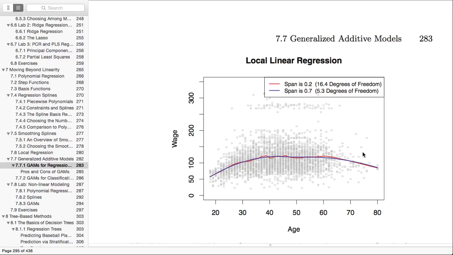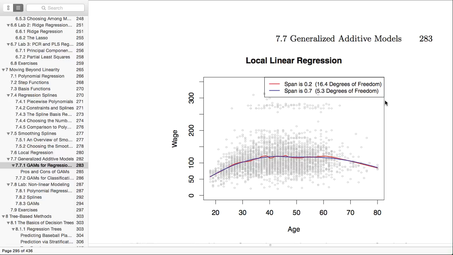It's a much more wiggly, jumpy curve. And the one with the larger span, you can guess immediately, is more interpretable because it has a much smaller degrees of freedom. And we talked previously about how effective degrees of freedom don't exactly correspond to the number of free parameters. The formula for coming up with them means that they can be fractional.